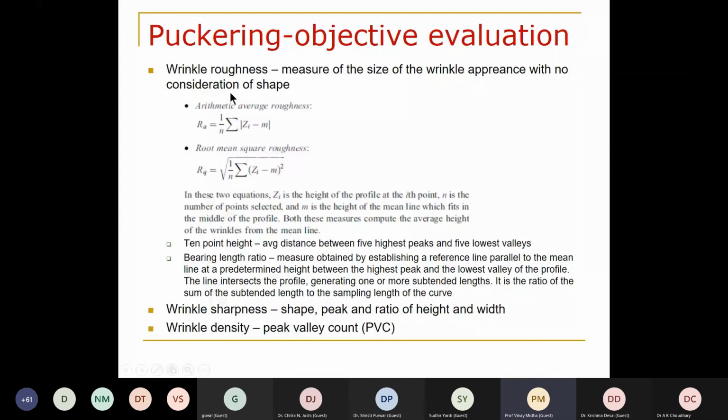Wrinkle roughness can be calculated, wrinkle sharpness can be calculated, or the wrinkle density can be calculated. Based on the average roughness or the root mean square roughness, or the average of the 10 points, 5 peaks and 5 lowest valleys, that distance can be averaged out and the measure can be taken on puckering.